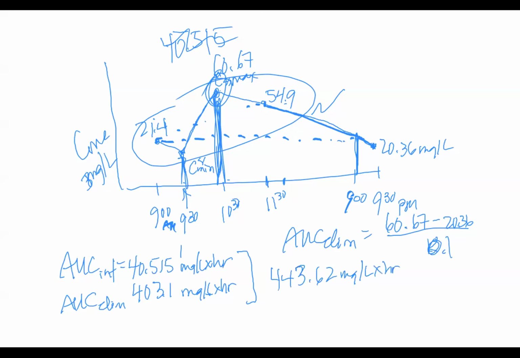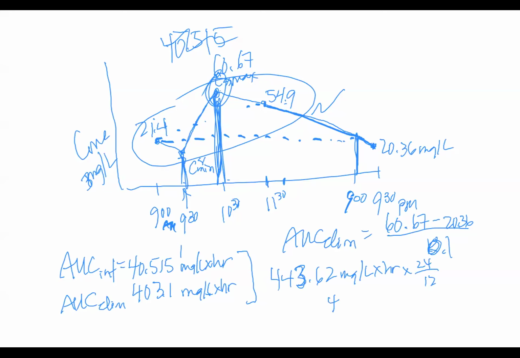And that's per dose. But we're giving 2 doses a day, right? So to get our 24-hour, we're gonna multiply it times 24 hours divided by dosing interval, which is 12 hours. So we're gonna multiply that by 2, right?